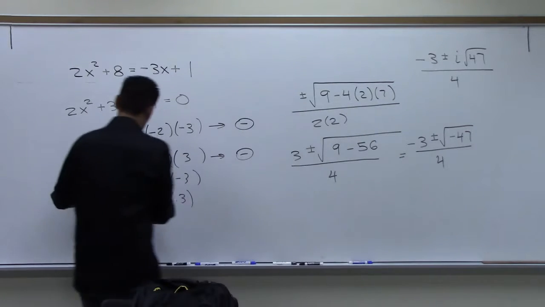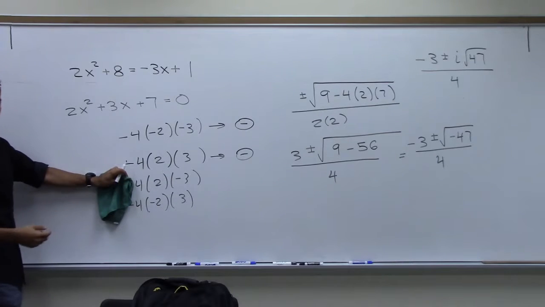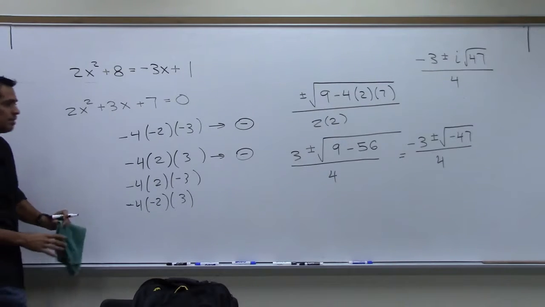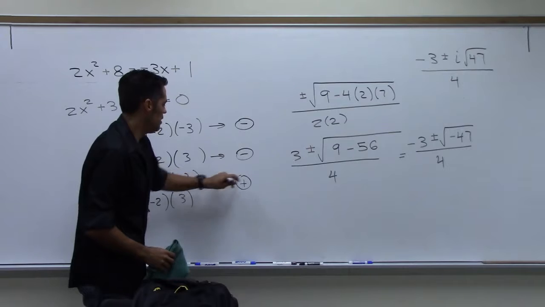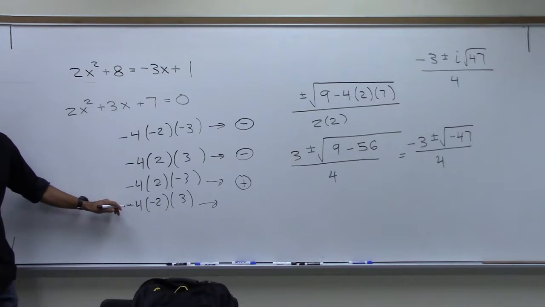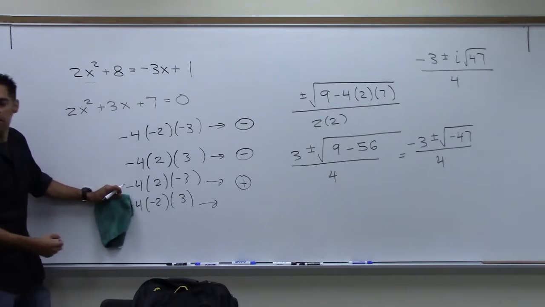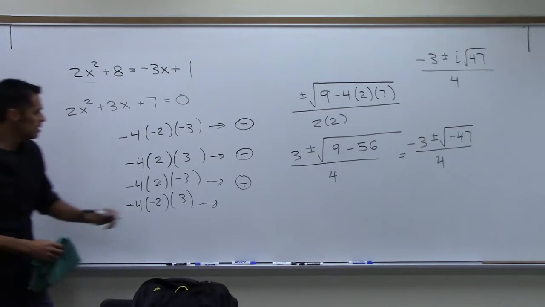Cover this up, you would have what? Those would go together to be a negative, but then you're subtracting it, so it would be plus. And you could have this case here where you would have negative, and then subtract it, and you would have plus.